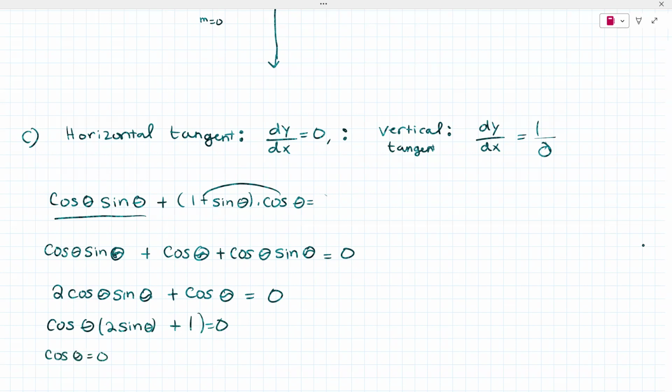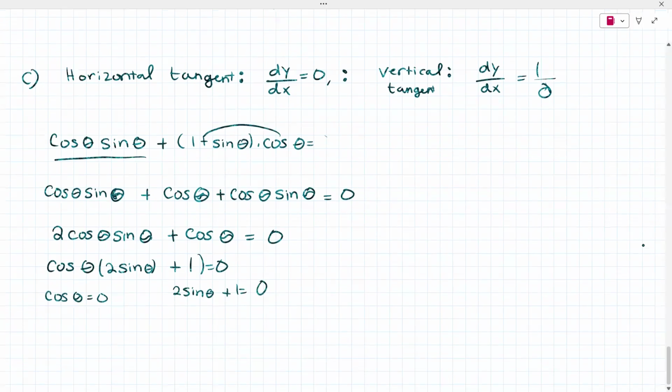And then 2 sine theta plus 1 equals 0. Over here, cosine theta equals 0. What angle in radians gives you a cosine of 0? I think that would be pi halves and 3 pi halves.